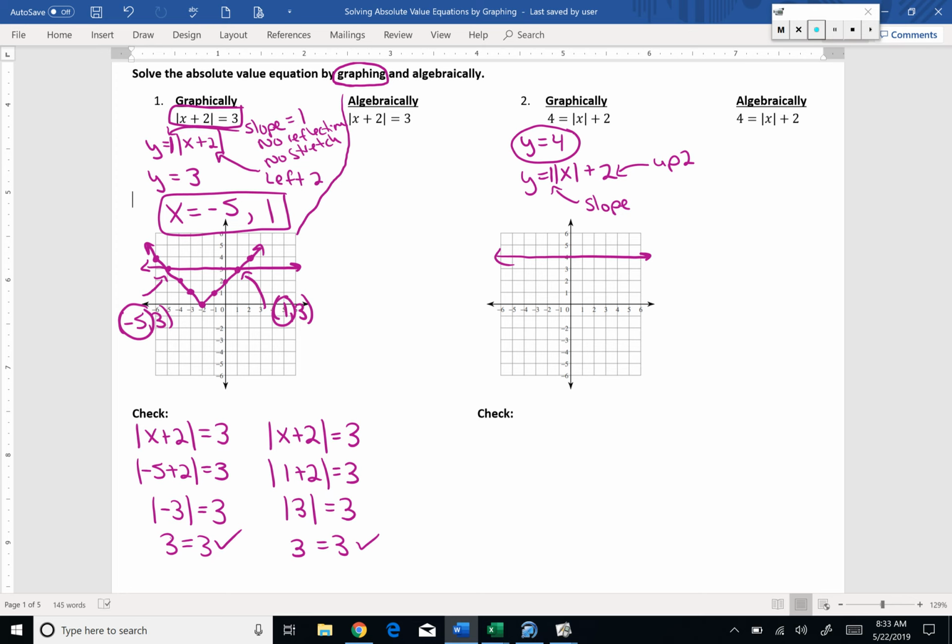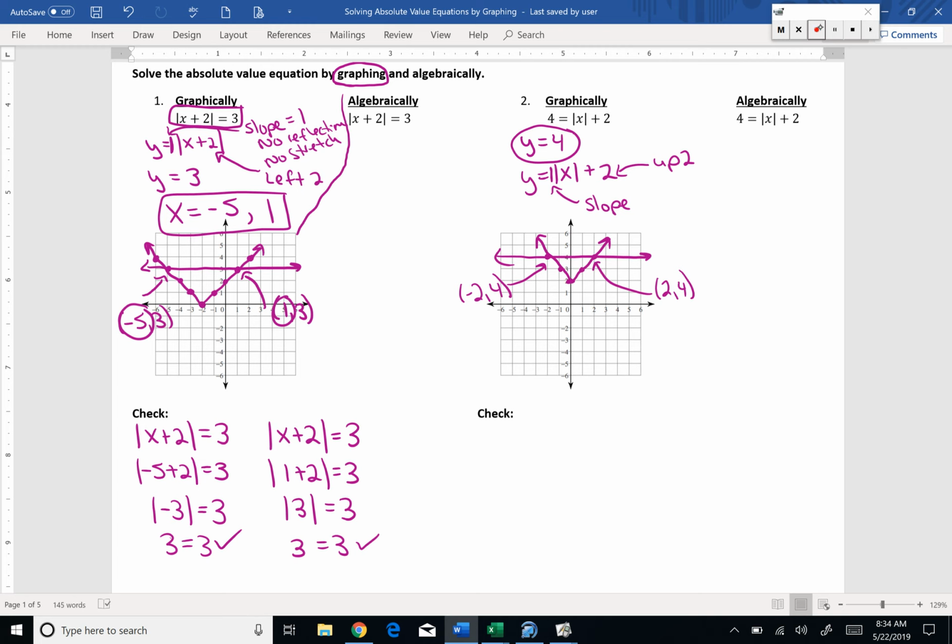So the only thing that this graph does, it goes up 2, and then our slope is 1. Once your two graphs intersect, you don't have to keep drawing points on that absolute value. You can if you want, but you don't have to. So then we find our intersection points. We have -2, 4, and we have 2, 4.